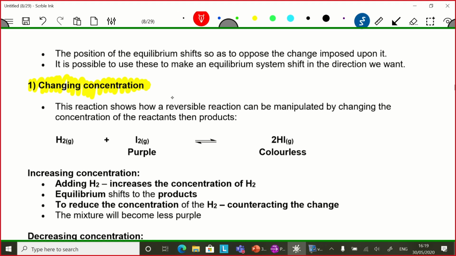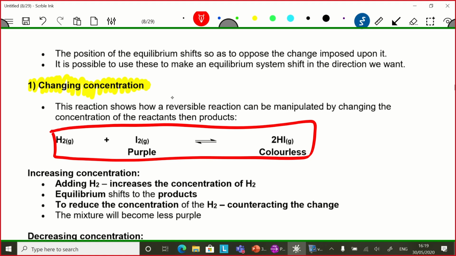So here's an example. I have a reversible reaction where I react hydrogen and iodine to form hydrogen iodide. So you have a container, something like that.